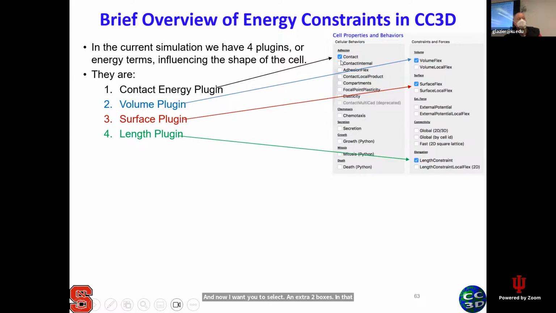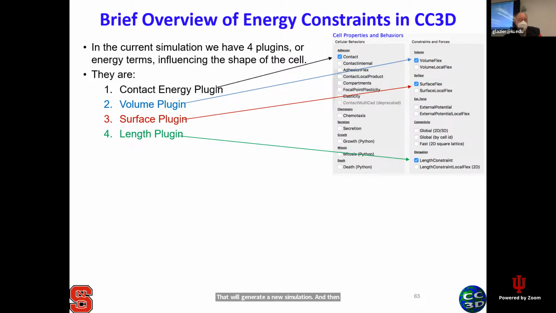Select contact, which we did, volume flex, which we did, but also select surface flex and length constraint. That will generate a new simulation.